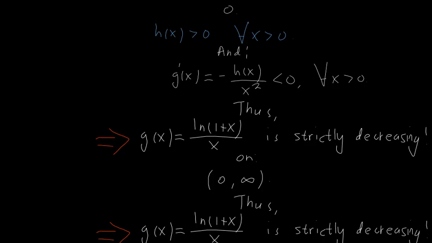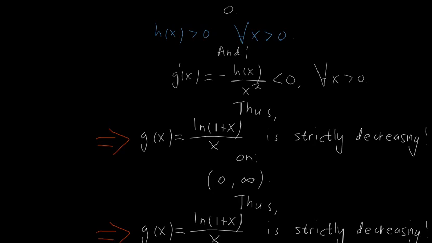So far we've shown that it's a strictly decreasing function on 0 comma infinity. This is what we've got, and this is a major milestone. We've been able to show that it's actually a strictly decreasing function.